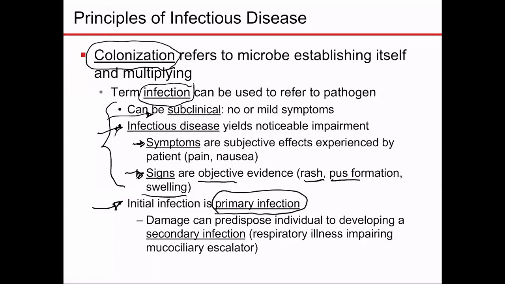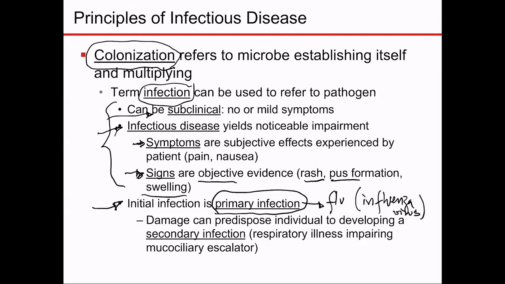I'm going to explain this better through a particular example. For example, if you get the flu by the influenza virus, the influenza virus starts to replicate in the respiratory tract. It may start to damage that respiratory tract, including the mucociliary escalator.